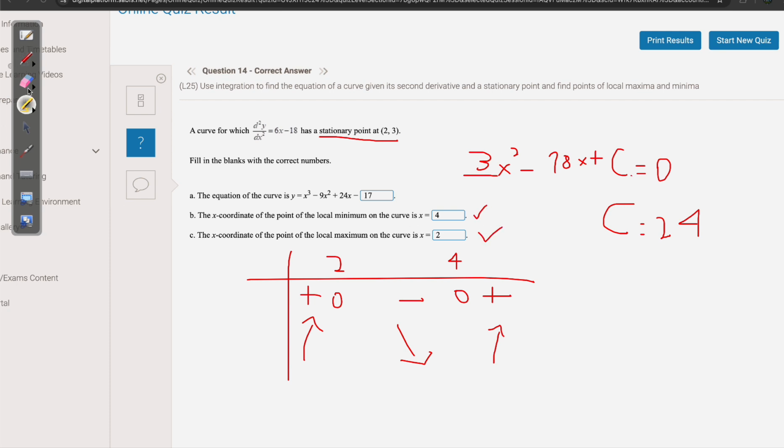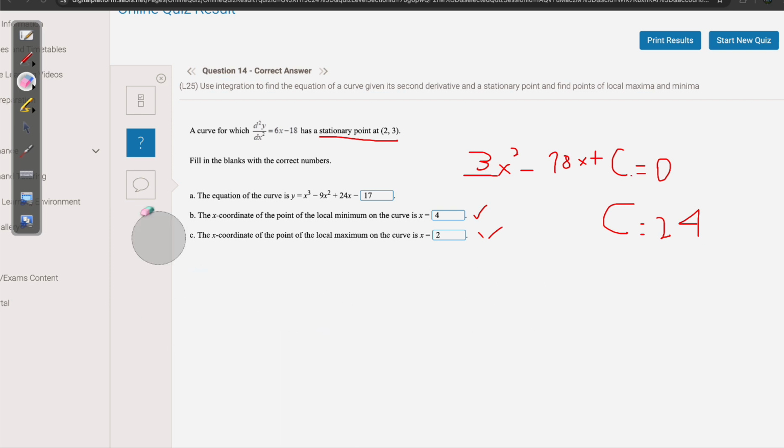Now let's move on to finishing part A. So again, we're gonna integrate the 3x squared minus 18x plus 24. We're gonna get x cubed minus 9x squared plus 24x plus c once again. This time we know that this point also belongs on the curve.